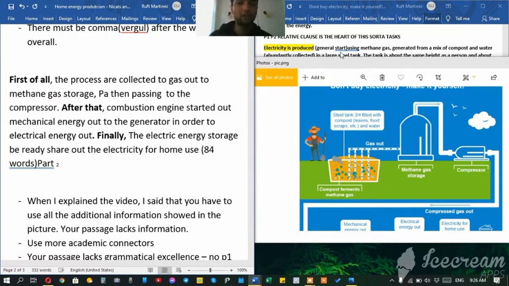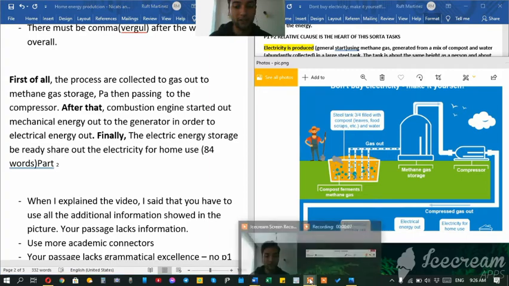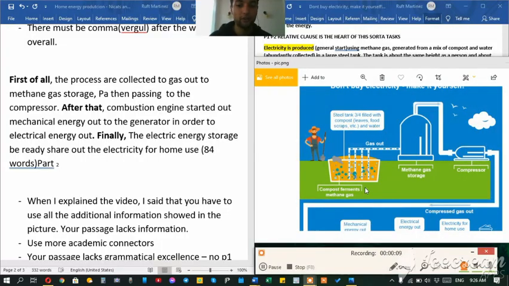You can start your diagram using this technique. You're writing what is going on in the picture at the beginning of the first passage. So electricity is produced using methane gas. I'm starting in the first passage: electricity is produced using.